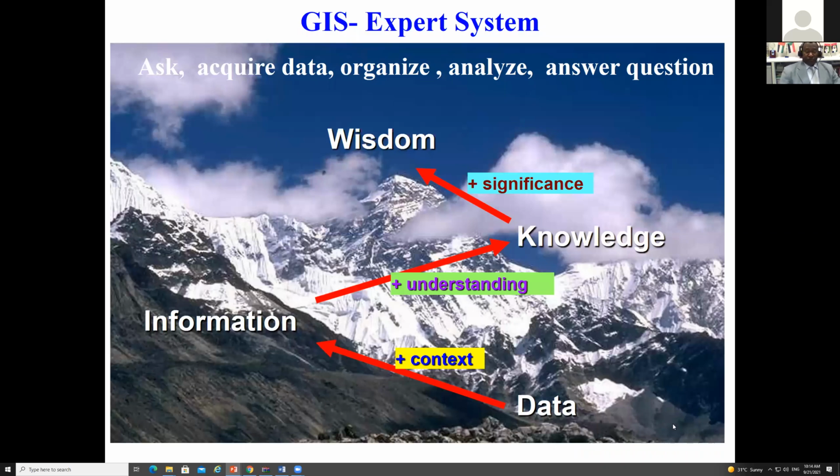Also, the application of GIS, Geographic Information System, in flood and rainwater harvesting is well known, because GIS can combine many data, and we summarize this data to produce information, like identifying patterns, and knowledge.